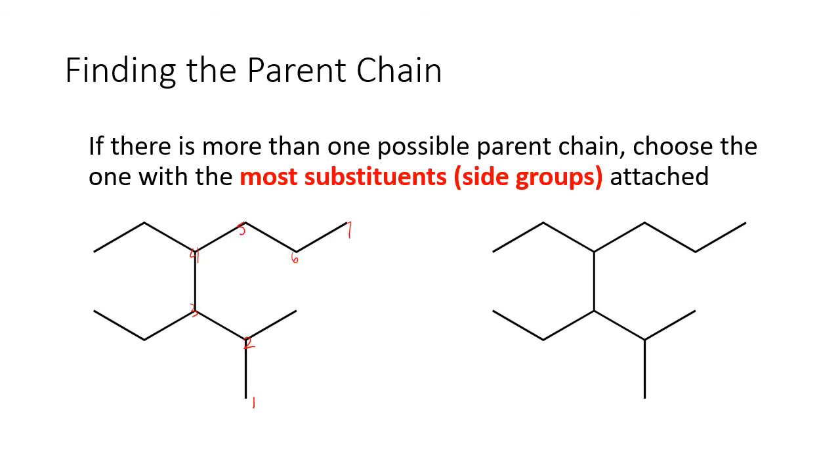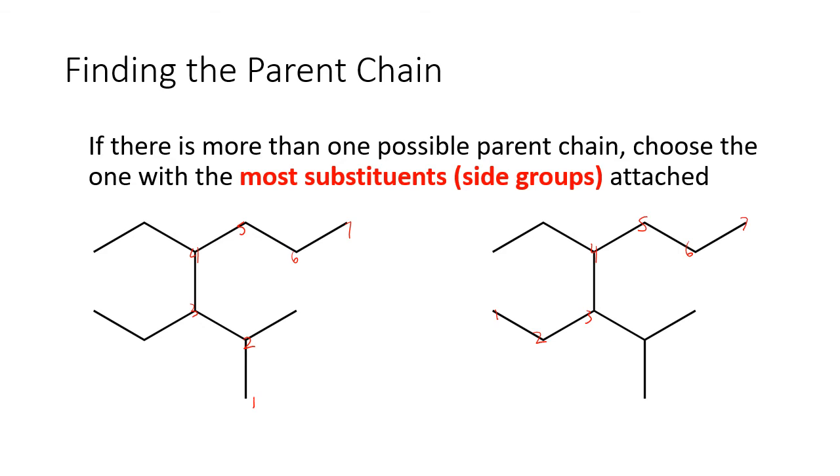So we found 7 carbons in our longest continuous chain. But what about if we numbered it like this? 1, 2, 3, 4, 5, 6, 7.